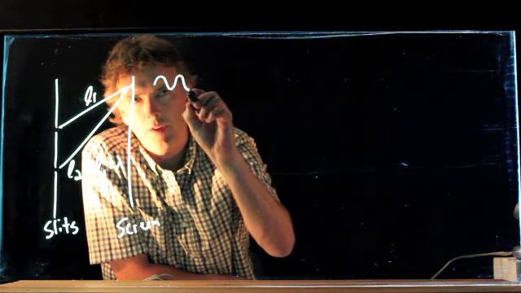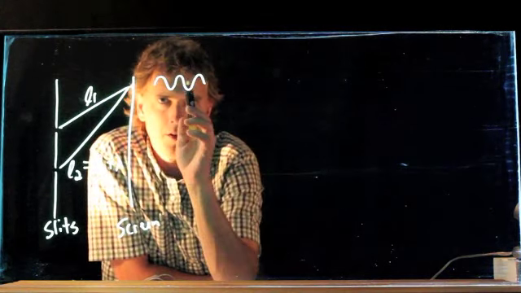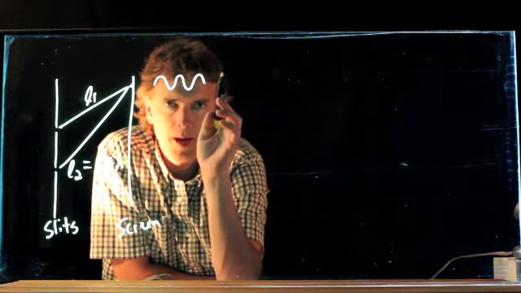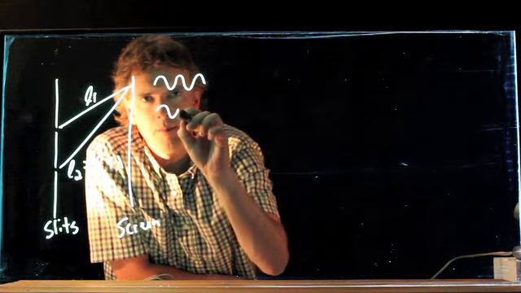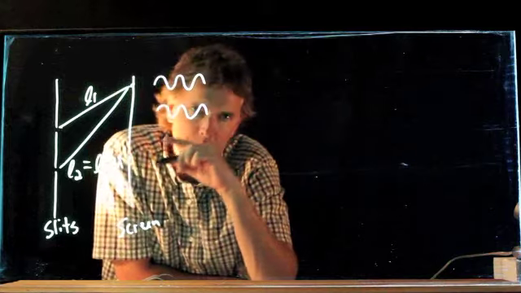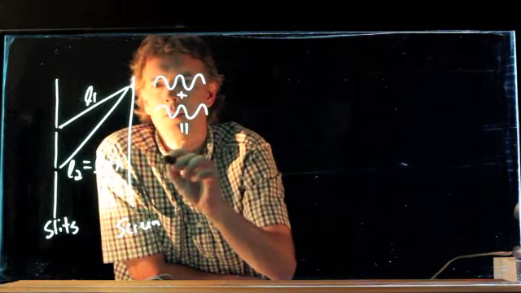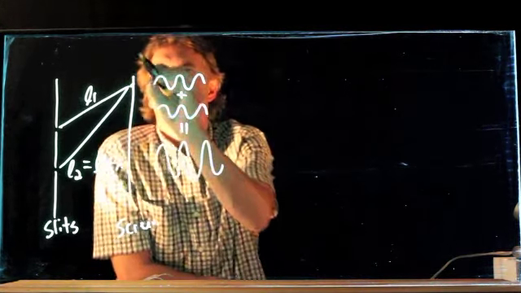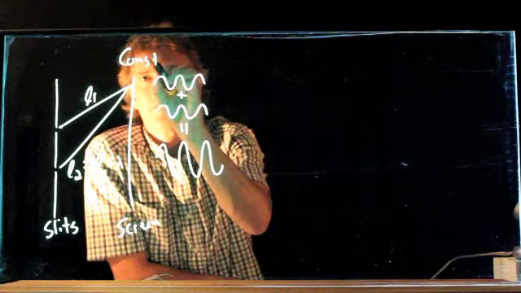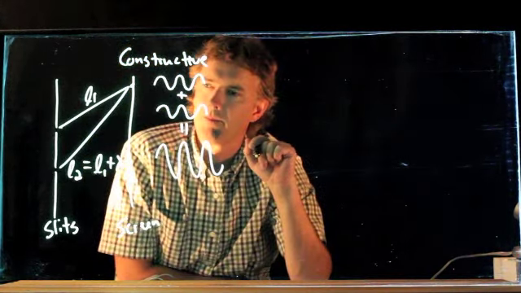L1 gives us a field that looks like that. L2 gives us a field that looks like that, but shifted over by one wavelength, which means it looks exactly the same. That's what happens when you shift a field by one wavelength. So again, we're back to the constructive case. We have maximum intensity of the light at that point.